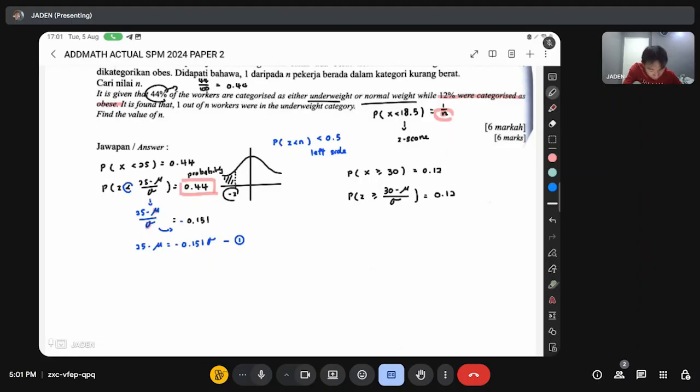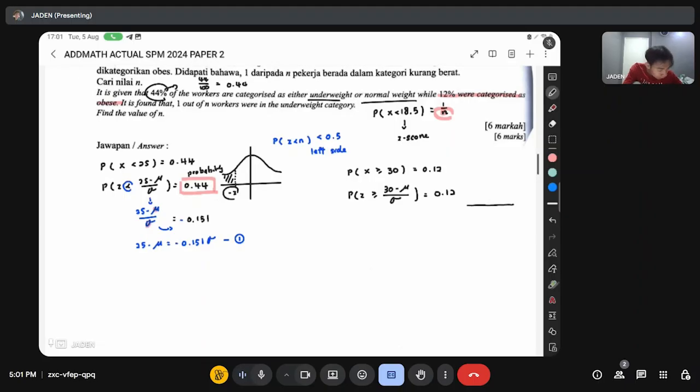Again, I want you to sketch the diagram. The diagram here, 0.12 greater than this region. So this is a positive z-score, 0.12, greater or equal to.